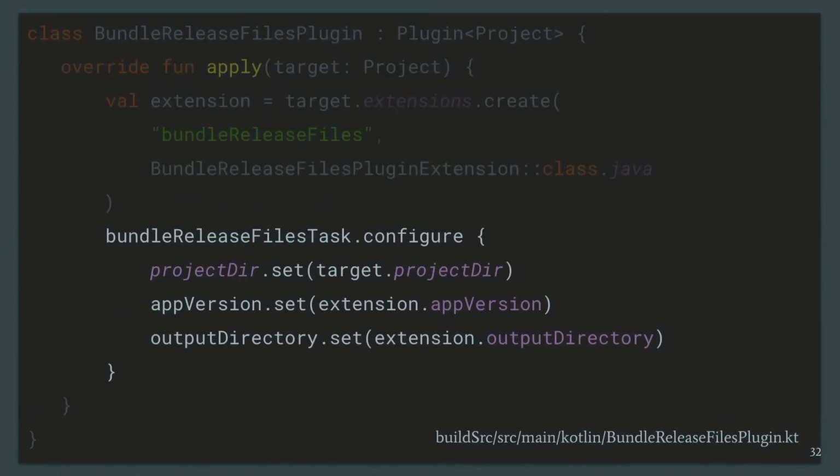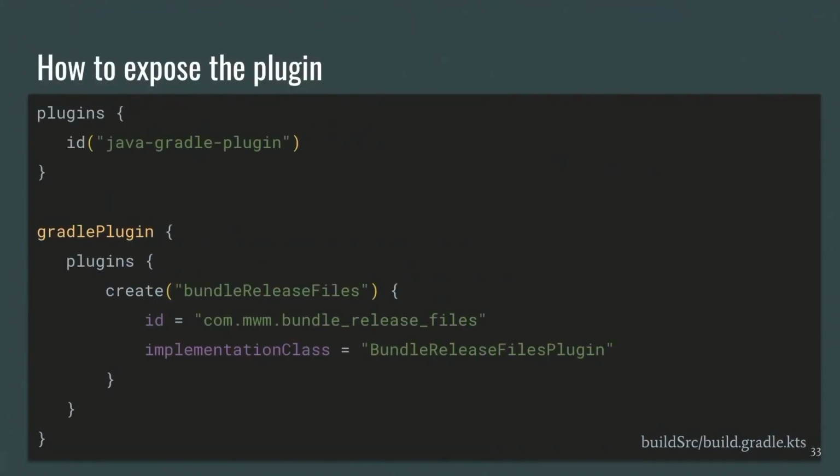This way we get the extension, and as you can see, all we have to do now is do the simple mapping, which is to provide the task with the different parameters. As you can see, we still have 3 parameters. Why is that? Because the first one, the project directory parameter, was already gettable from the target, and so we don't have to define an extra parameter. It's just easier this way.